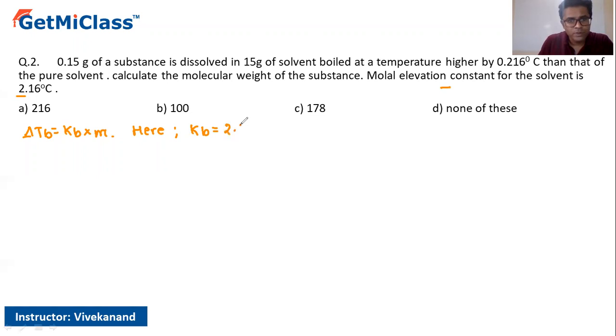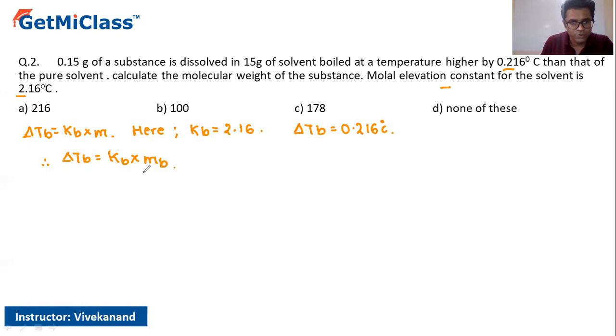The next value is ΔTB itself, the elevation in boiling point, 0.216 degrees Celsius.